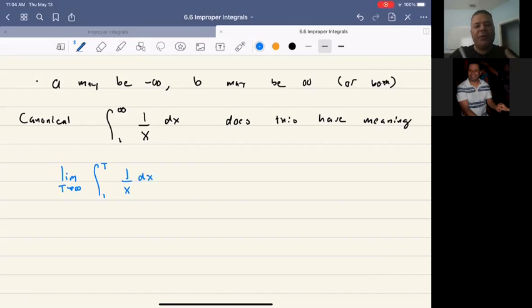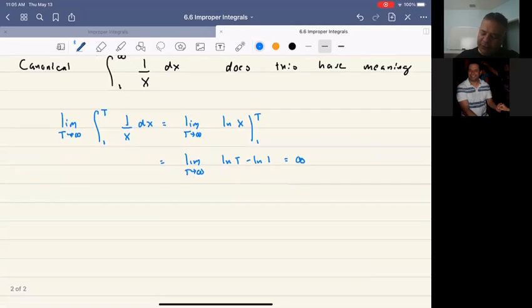Now we know the antiderivative of 1 over x is natural log of x, from 1 to t. So this is the limit as t goes to infinity of natural log of t minus natural log of 1. Natural log of 1 is 0, but this goes to infinity. So this one we say does not have meaning. This limit does not exist.